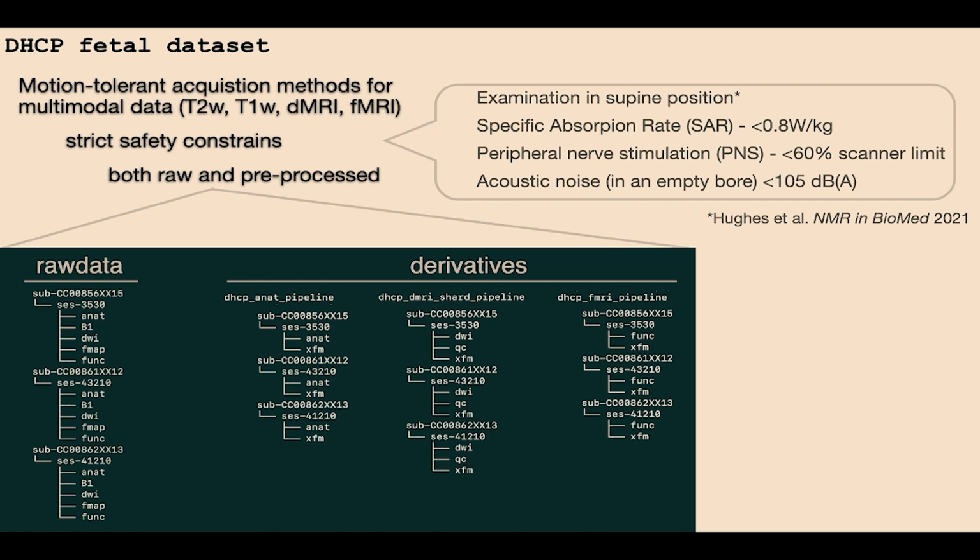So our goal was to provide the community with a fetal dataset acquired using motion-tolerant acquisition methods for multimodal data: T2 weighted, T1 weighted, diffusion, and fMRI, which were acquired in accordance with strict safety constraints, including meticulous things like the position of the mother in the scanner. We release the data in both raw and preprocessed form.